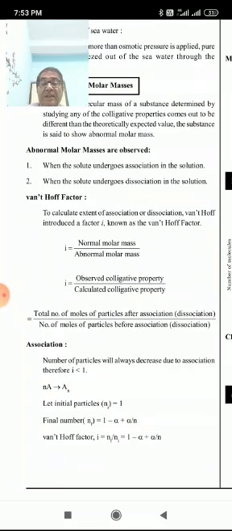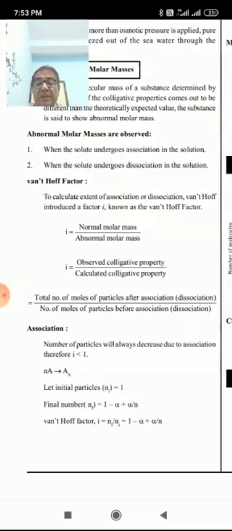So in this case, alpha is the degree of association. Therefore, Van 't Hoff factor i will be equal to N_f, the final number of moles, by the initial number of moles or particles, that is equal to 1 minus alpha plus alpha by n.